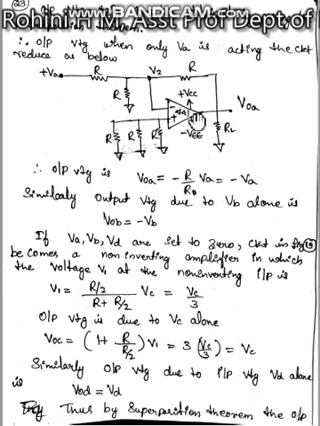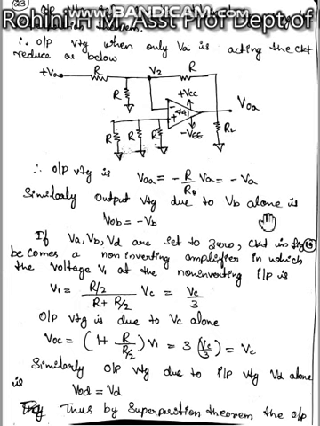We know that the inverting op-amp output is minus RF by R1 into Vin. Here RF and R1 values are R itself, so we write minus of R by R into VA, right? So R cancels, and the output due to the first source VA, that is VOA, is minus VA.